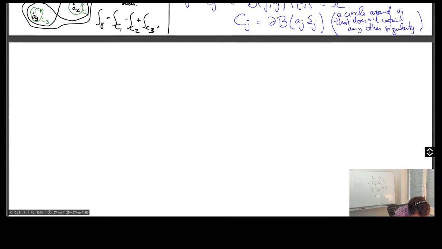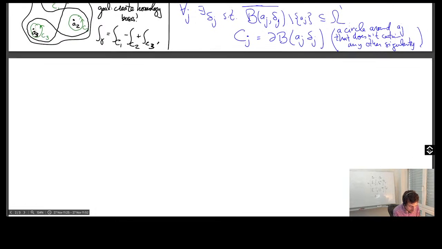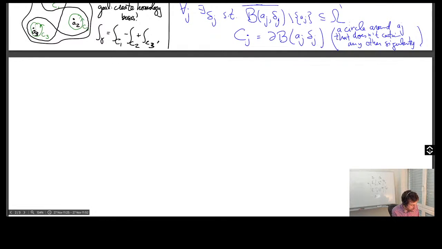Okay. So now what does this tell me? It tells me that the integral around gamma will be equal to an integer linear combination of the periods. So let's define the periods.